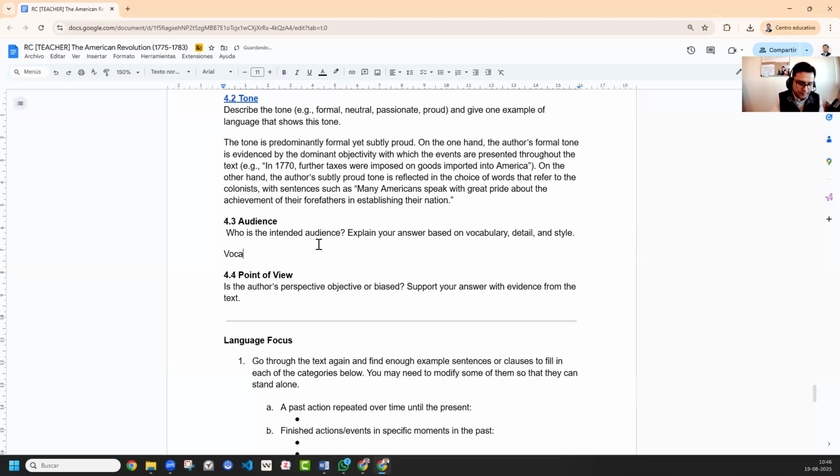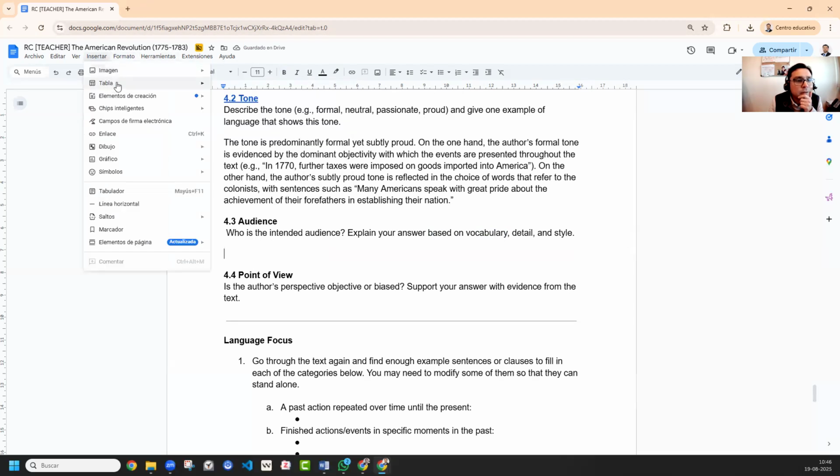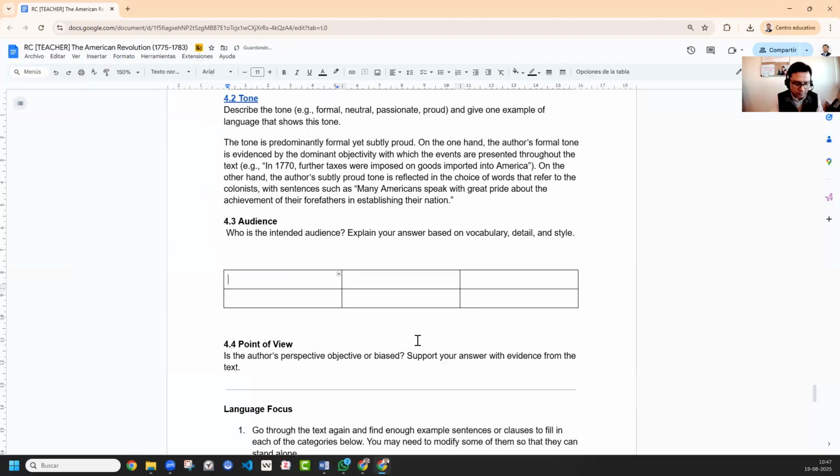So, I will create a table here with 3 columns, one for vocabulary, another one for detail, and style.